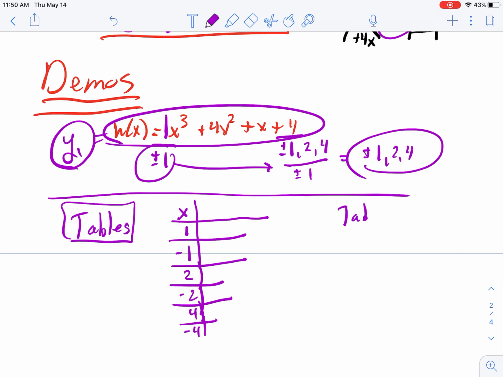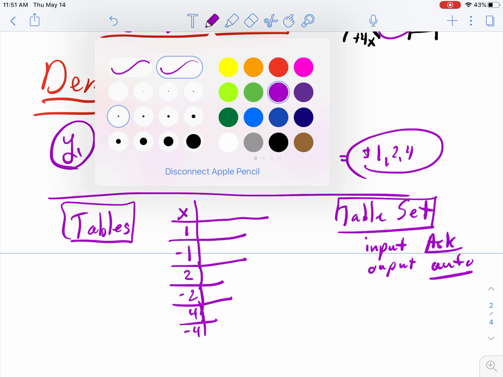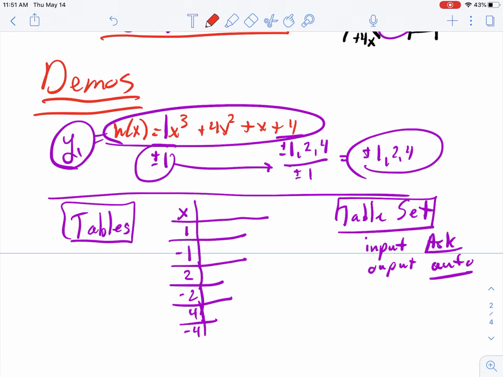If you can't plug those numbers in, you have to go to table setup at the very top someplace and change the input to ask and the output to automatic. Then you can actually put whatever numbers you want as you put numbers in here.